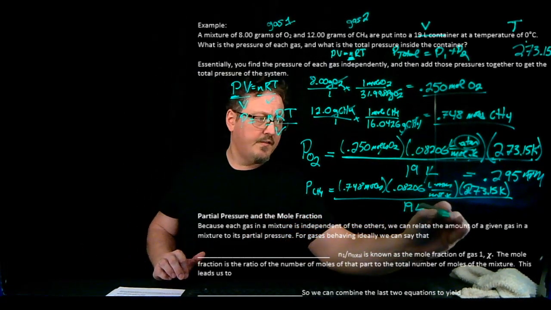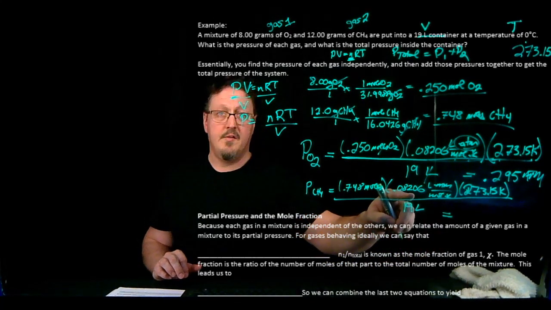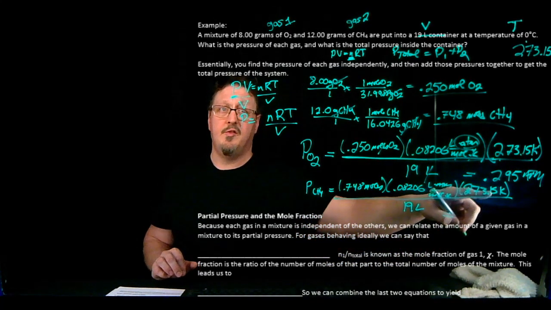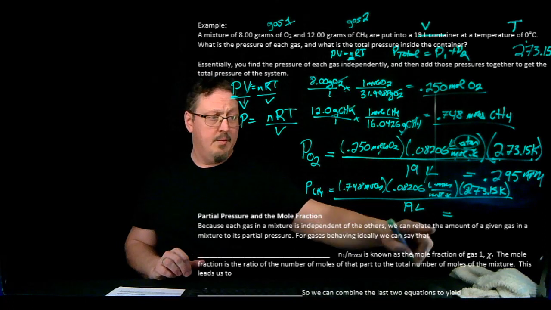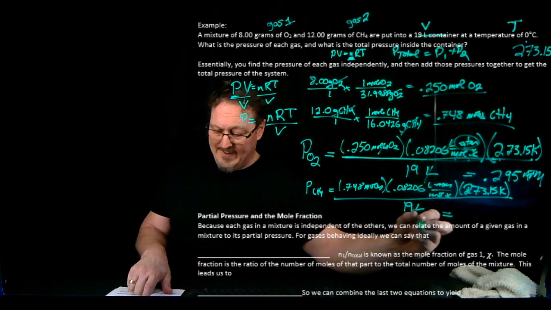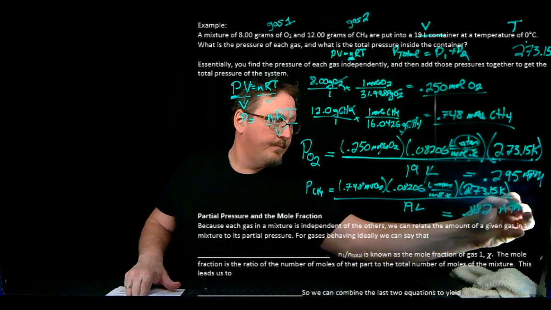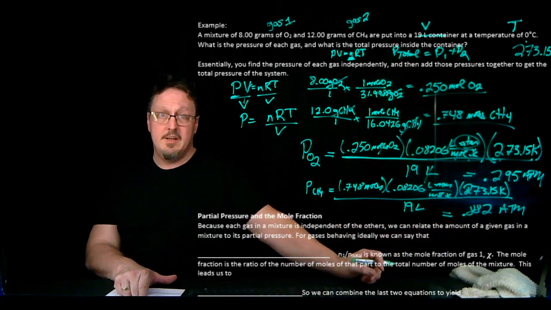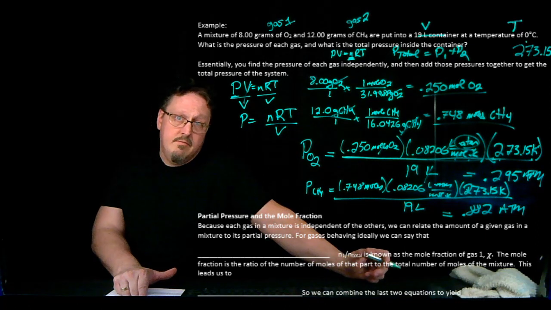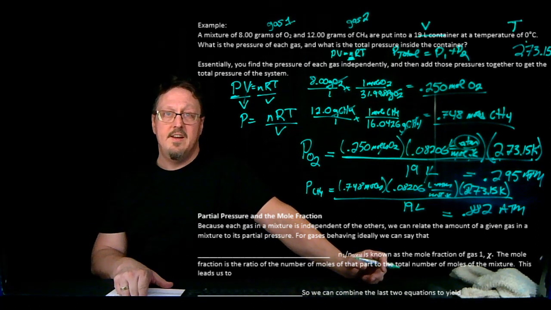In this case, 0.748 times 0.08206 times 273.15, divided by 19, we get 0.882 atmospheres. That is the pressure that the CH4 would exert inside that container.